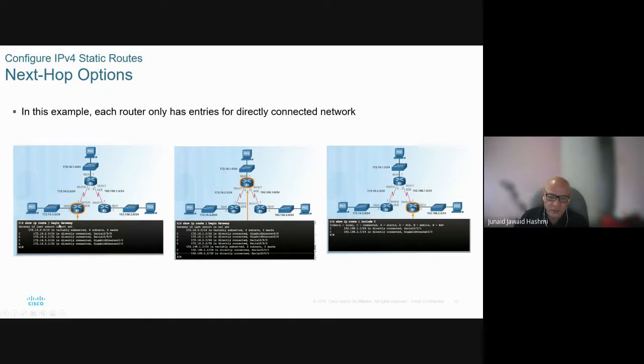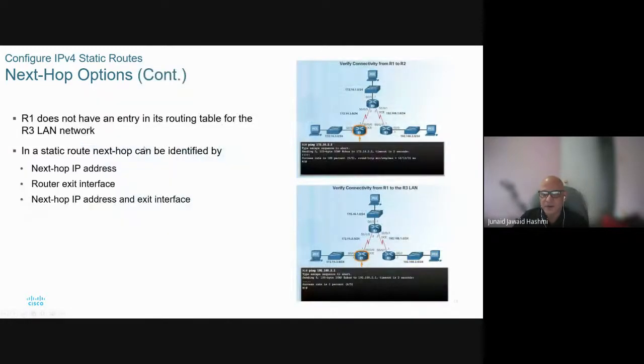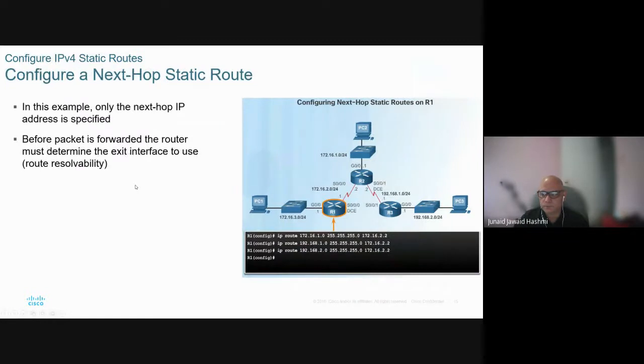So show ip route, you see here when you type show ip route on R1, you only see directly connected routes, 2.0 and 3.0. You don't see 1.0 and 2.0. So we have to configure it. Now, the command is ip route.